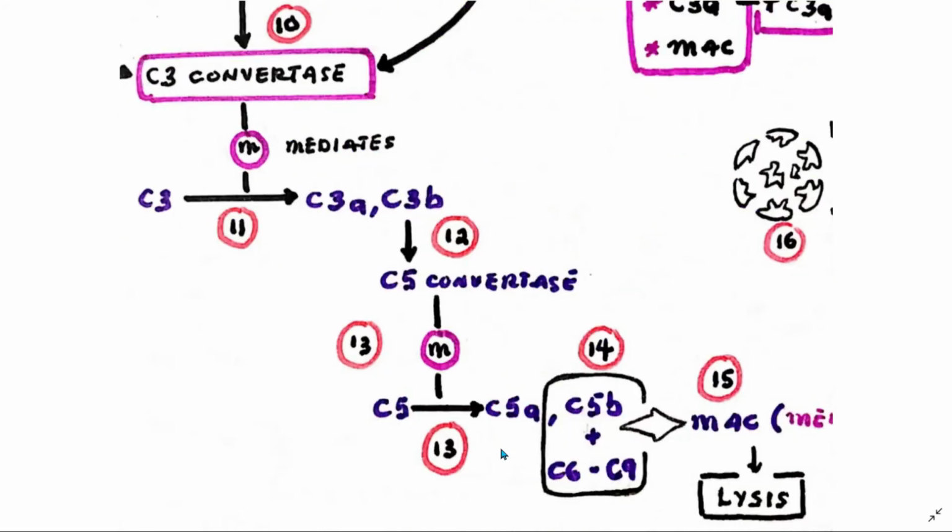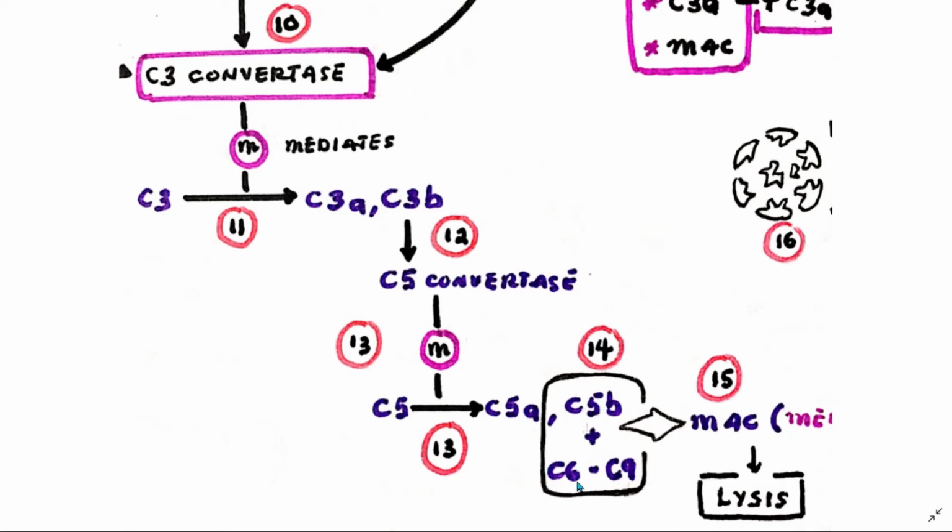Now all these pathways we have just described result in the production of C3 convertase. Now C3 convertase converts C3 to C3a and C3b. C3b then helps to produce C5 convertase. C5 convertase converts C5 to C5a and C5b.